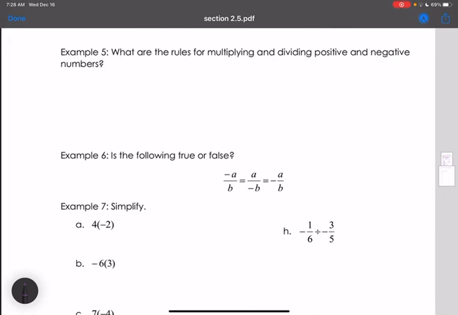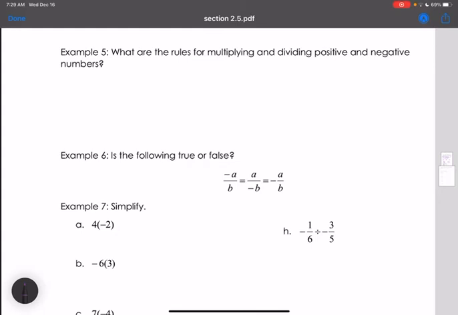All right, number 5. What are the rules for multiplying and dividing positive and negative numbers? There's lots of different ways to go over this. One way, let's see. I'm going to show you 2 different ways, okay? So the second way is a lot of writing. So I'm going to put in the first one, and then I'm going to erase it, and then put in the one that's a lot of writing.